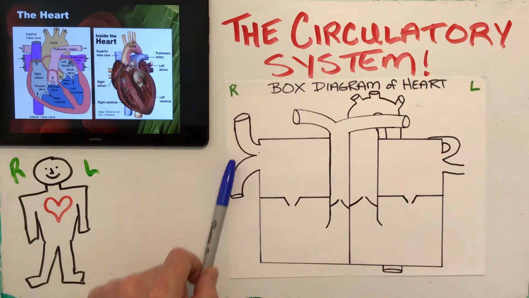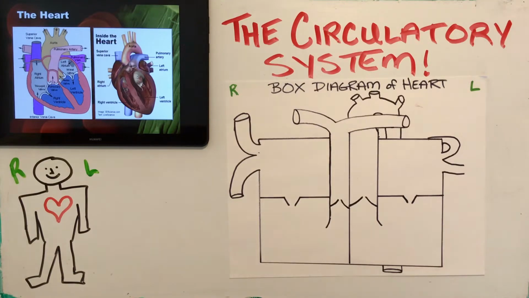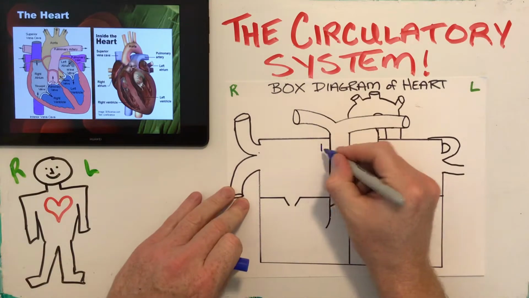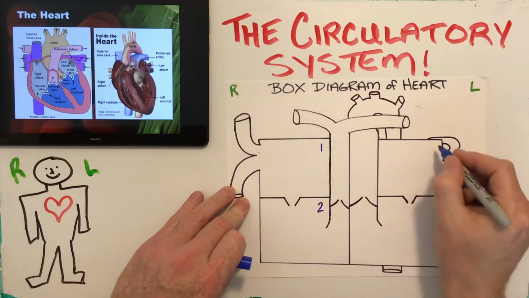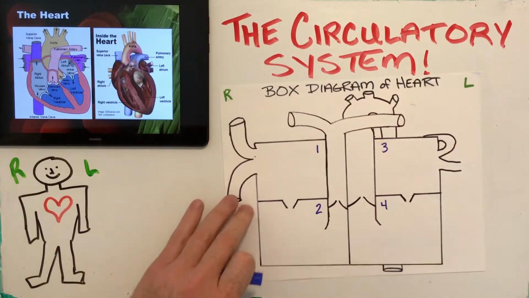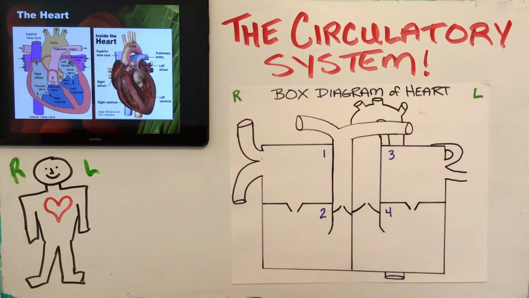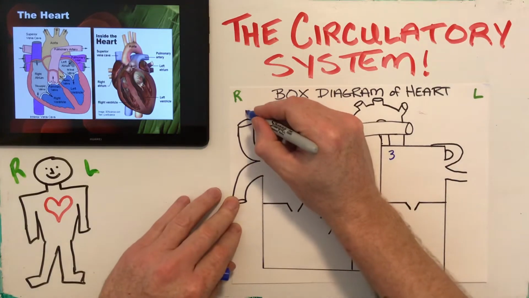We're going to start over here on this side of the heart. So the right side of the heart, the order that these chambers operate in: 1, 2, 3, 4. All right? I will be posting this picture on EDSB with all of the notes that I'm going to write on it today for you. So what we have here is the superior vena cava.